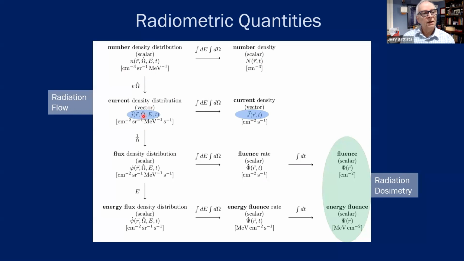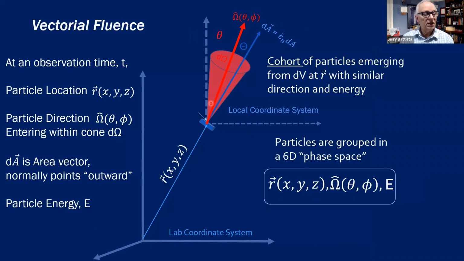And there are vector quantities, called currents, and they have a little arrow on top, and those are vectors. We are more familiar down here with the scalar quantities of fluence and energy fluence. But if you want to do Boltzmann work, you need to know what these vector quantities are. So let me explain what they are.